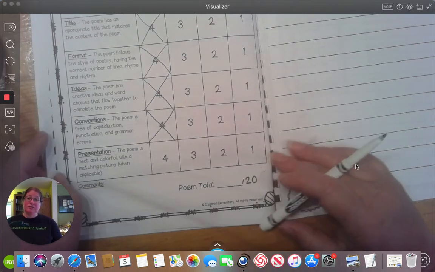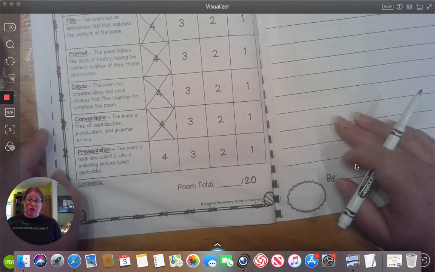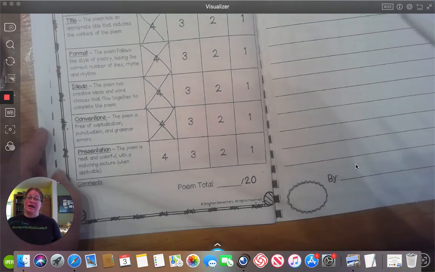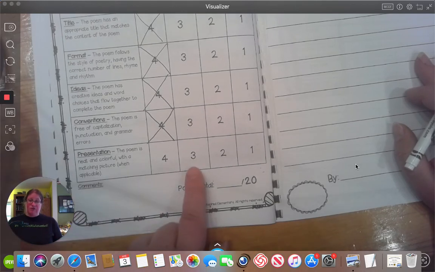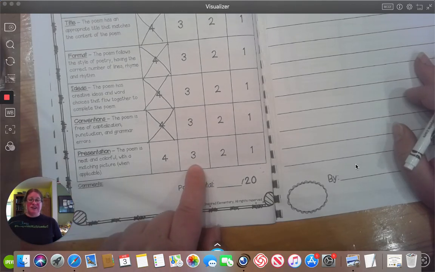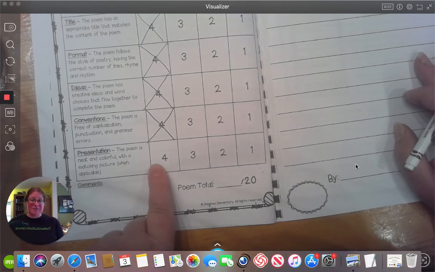If you are somebody who is working on letter formation, make sure your tall letters are tall and your short letters are short. Make sure when you're making your A's, you close them at the top so that it's not confused with a U. So, double check your own handwriting. If you're at a 3, you're still doing very good. If you're at a 4, give yourself a pat on the back.